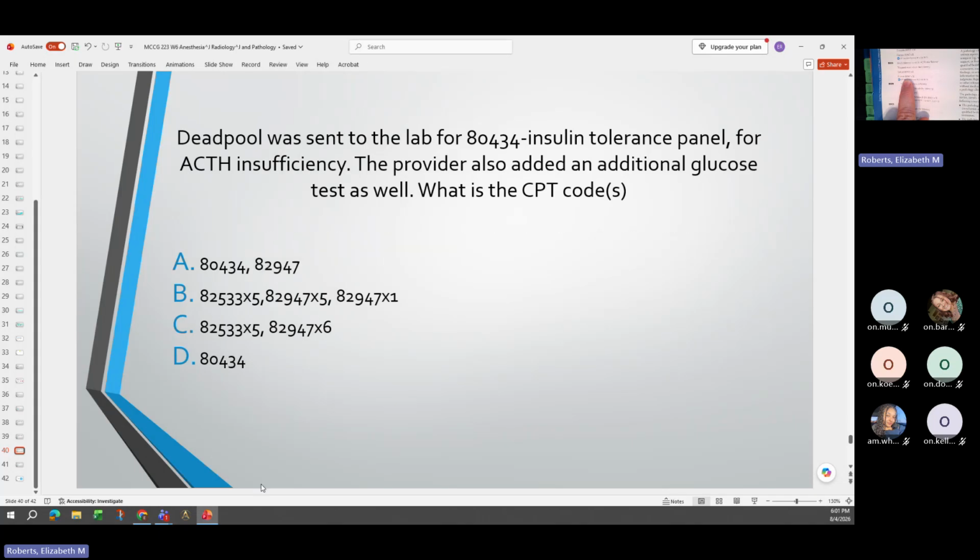We know that because it just told us that, right? So the question here is, do we code A, the insulin tolerance panel for ACTH insufficiency plus an additional glucose? Or D, do we just code the 80434 for the insulin tolerance panel? What do you guys think? Last question in the chat.